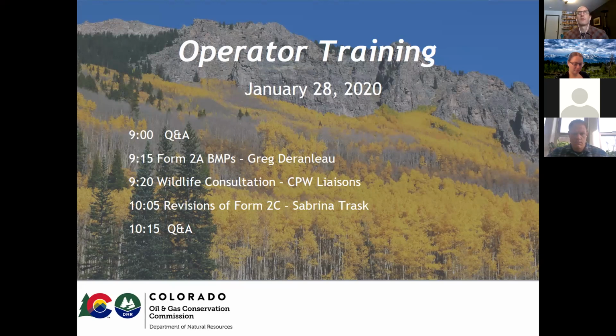So the rule is written so that for locations approved prior to January 15th but not yet constructed, 1202C is operational and is habitat specific. The operator will need to contact COGCC prior to construction. The rule is explicit that new ground disturbance is prohibited in 1202C1 habitat.